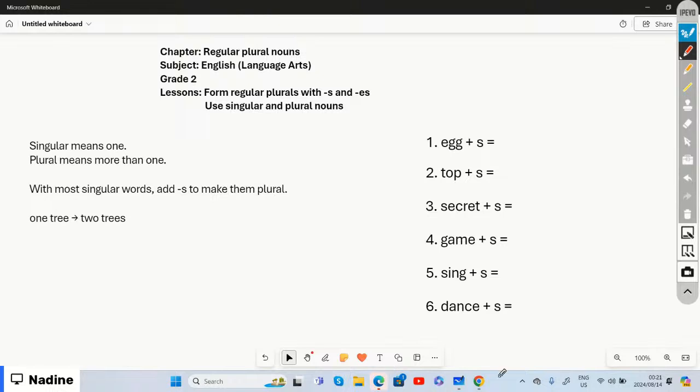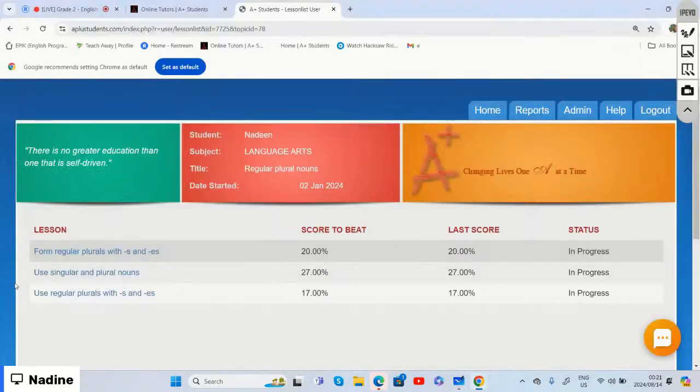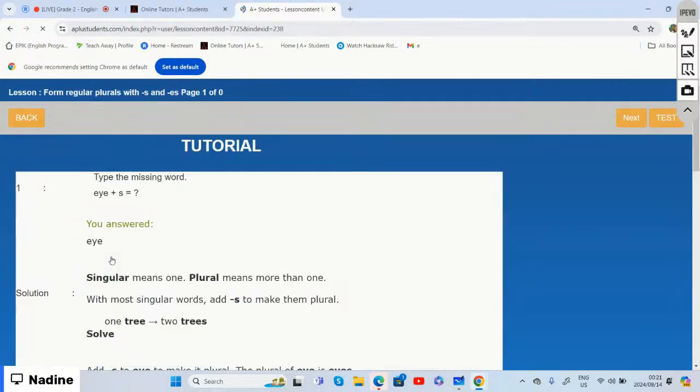So now let's go to aplusstudents.ca, and we're going to do the first lesson, which is to form regular plurals with S and ES. All right.